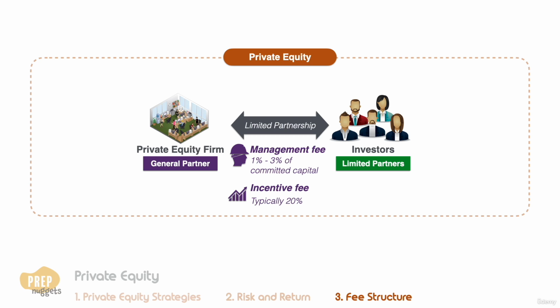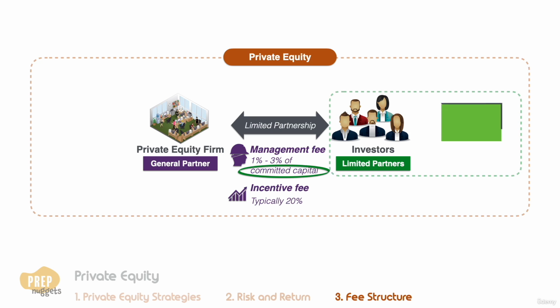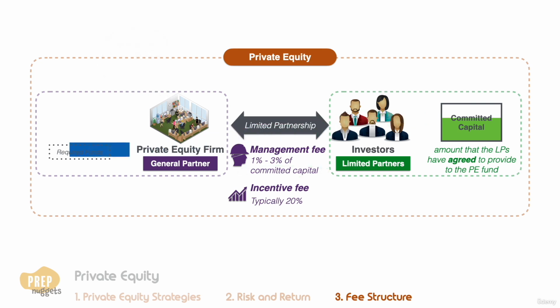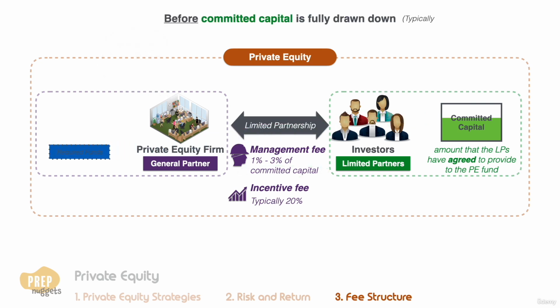What's unique to private equity is this notion of committed capital. This is the amount that the LPs have agreed to provide to the private equity fund. The committed capital remains with the LPs until the private equity fund draws from it for investment opportunities that it has identified. Before the committed capital is fully drawn down, a process which typically takes 3 to 5 years, the management fee is based on committed capital, not invested capital.